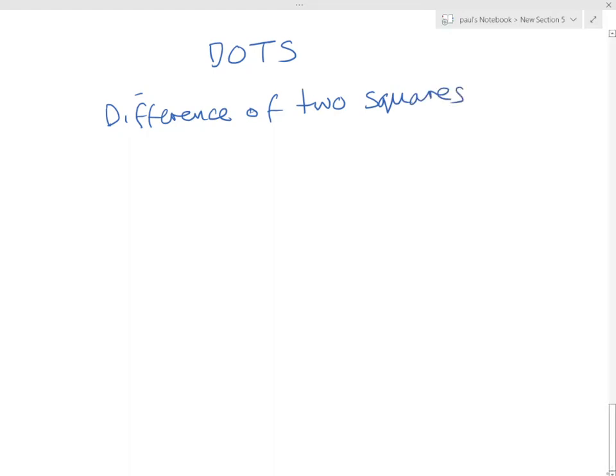Now the next thing we looked at was the difference of two squares. So what we've got to know is square roots to do this. So the square root of 49 is 7, because 7 sevens are 49. The square root of 81 is 9.